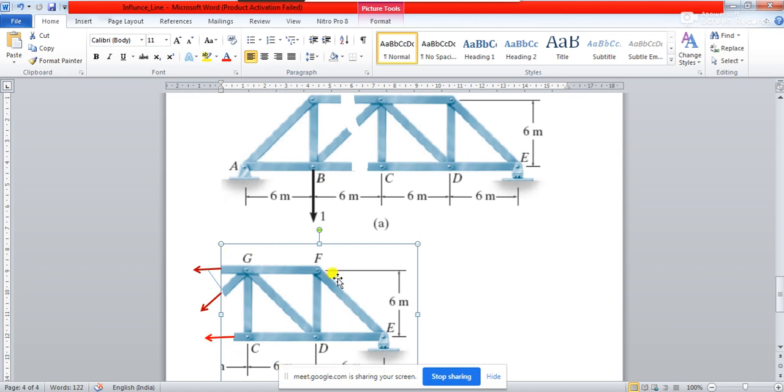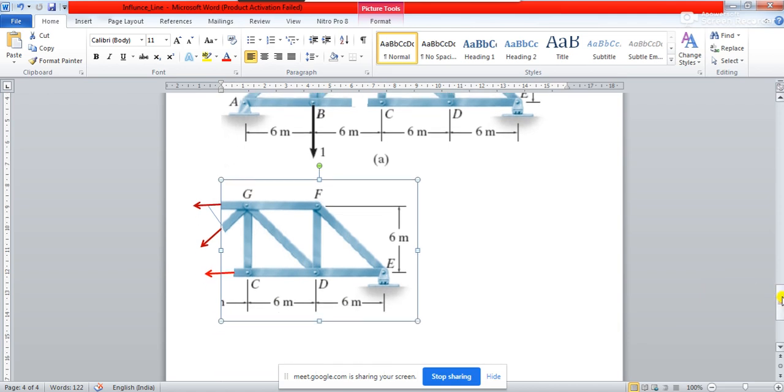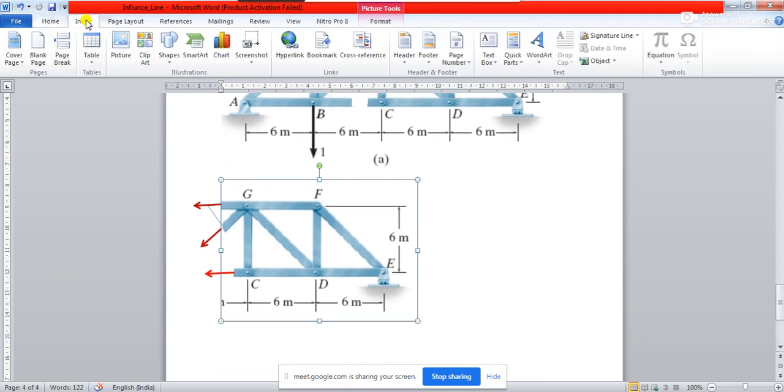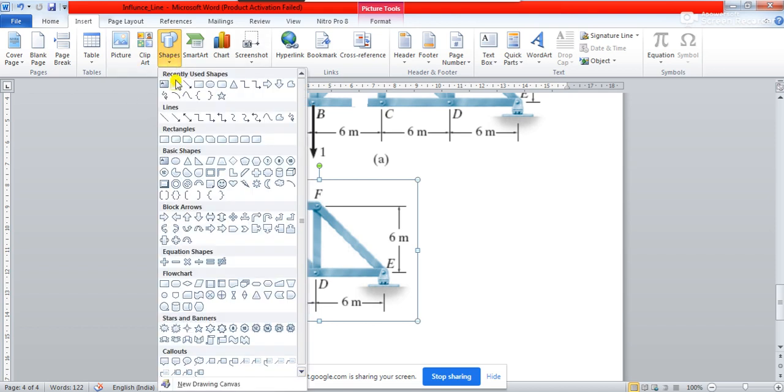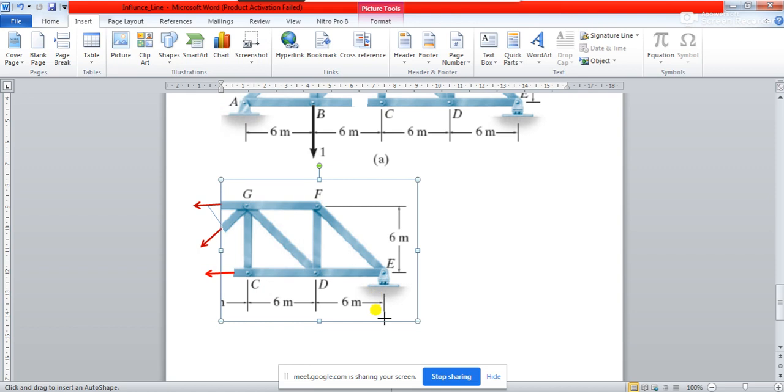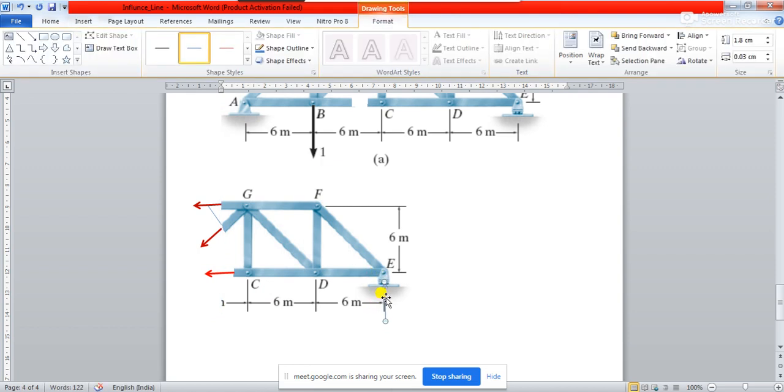So if you take the equilibrium of this portion, then from the free body, how do you calculate it? You know the load is at this position B and you are taking the equilibrium for the right portion of the truss.